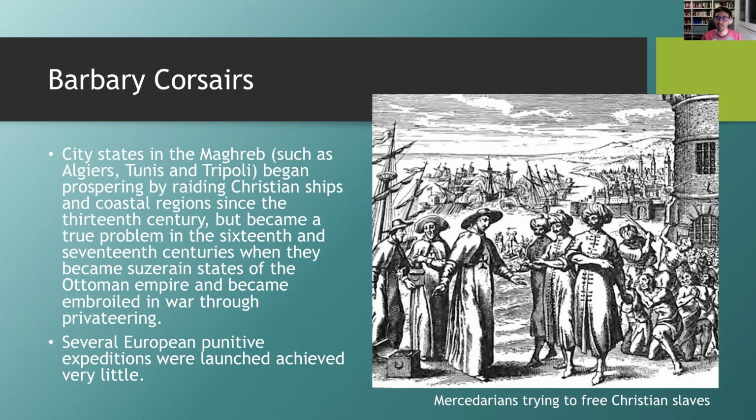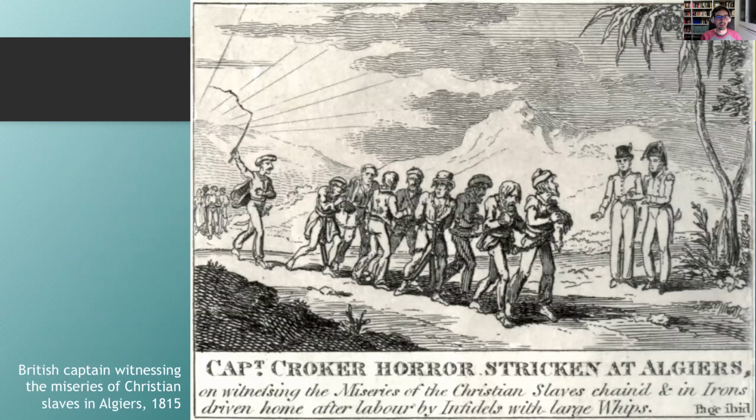And since the Ottoman Empire was at war with Spain and at other moments with France and with states in the Italian peninsula, there was justification for their actions. They were privateers working on behalf of this authority, this war that was happening. There were several European punitive expeditions against Algiers and Tunis and elsewhere that didn't achieve much, and the slave trade continued well into the 19th century.